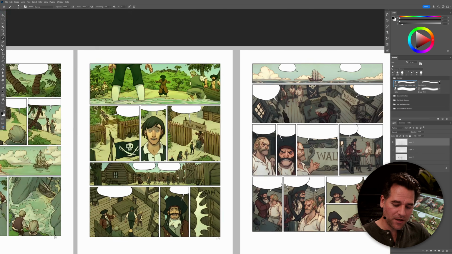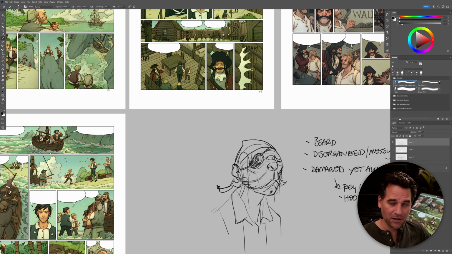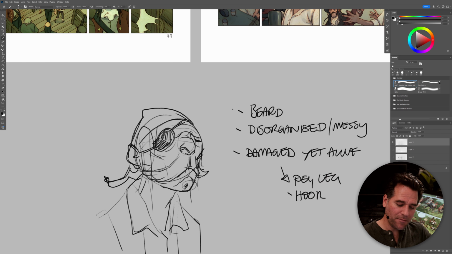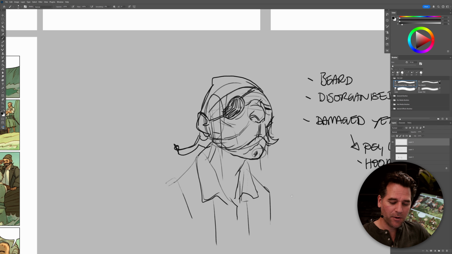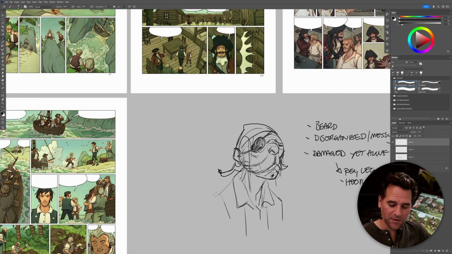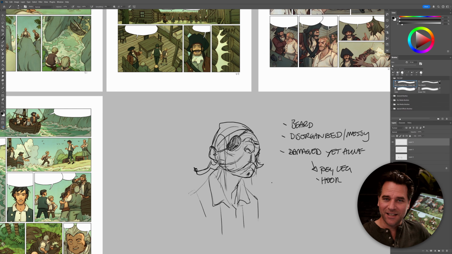So you can think about adding the design language here, like we had with trees, where we can think about, how do I make sure that all of these people feel like a pirate, right? So we can have a pirate who's really rough. We can have a pirate captain who is a bit more like Jack Hyde, who still has some of these things. He has a beard. There's a disorganized aspect to him.